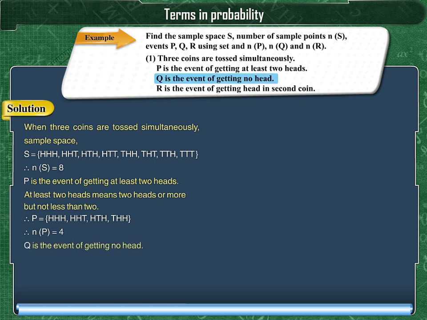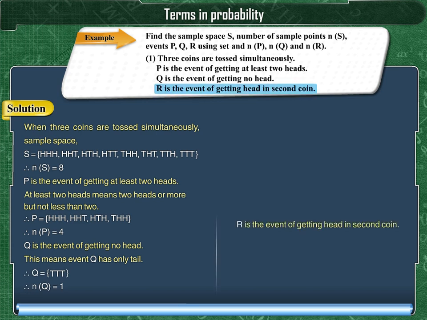Q is the event of getting no head. This means event Q has only tail. We select the sample point which has only tail from S. Therefore, set Q contains element TTT. Therefore, n(Q) is 1. R is the event of getting head in second coin.